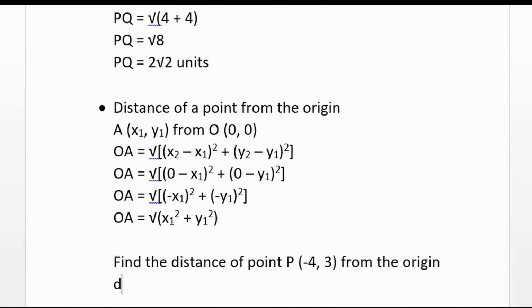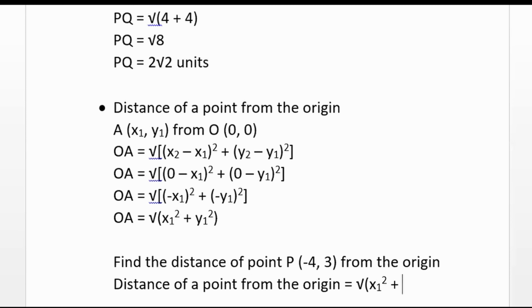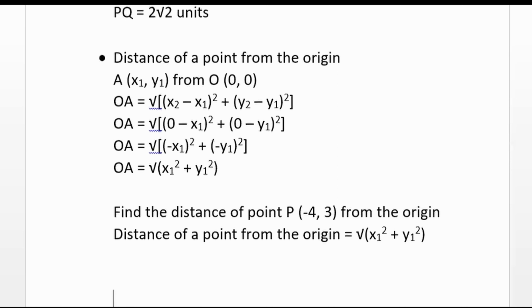You must write that the distance of a point from the origin is calculated as square root of x1 square plus y1 square. Now here you must note down what is x1 and what is y1.